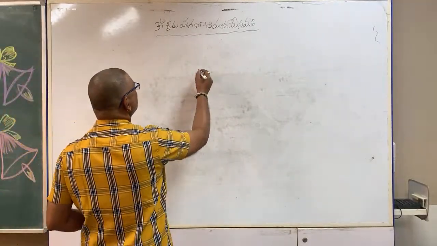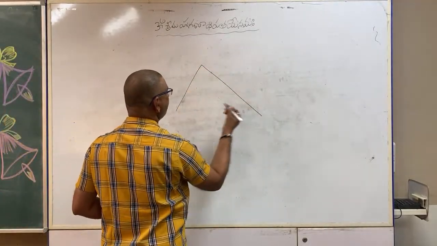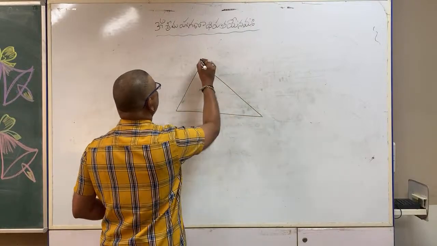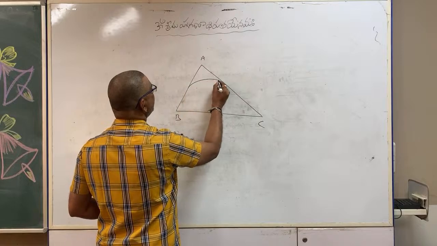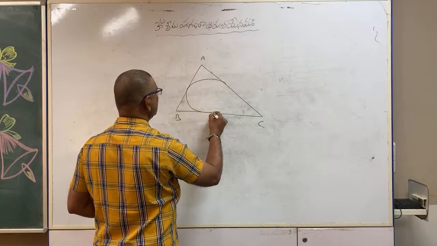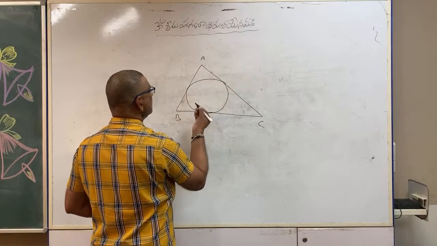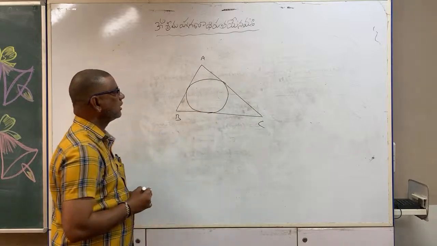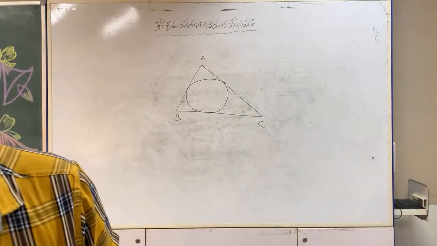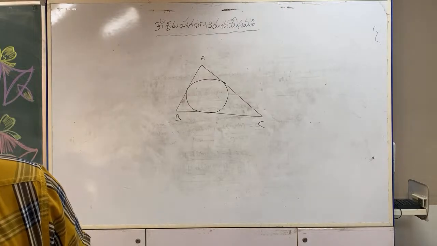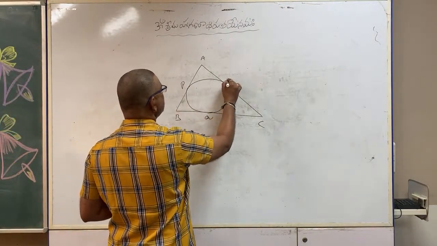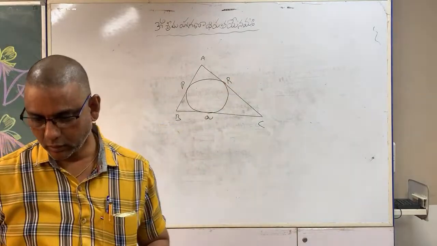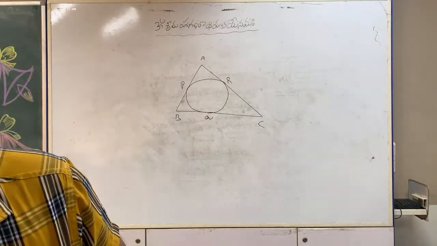There is a triangle ABC. A circle is touching all the sides of triangle ABC: AB at P, BC at Q, AC at R. What else is given?